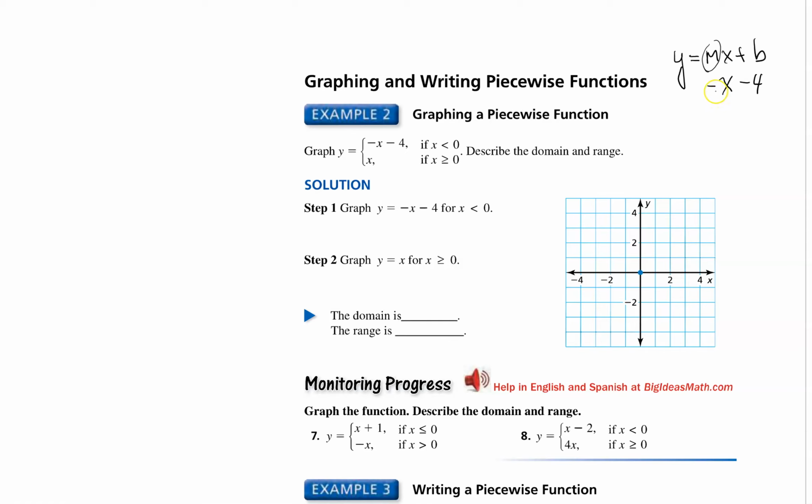It's not just negative. We could write a negative 1 between the negative and the x, so m equals negative 1. That means that for every one that goes to the right, it goes down 1. And then negative 4 is the value of b, or the y-intercept. So it's going to cross down here at negative 4.